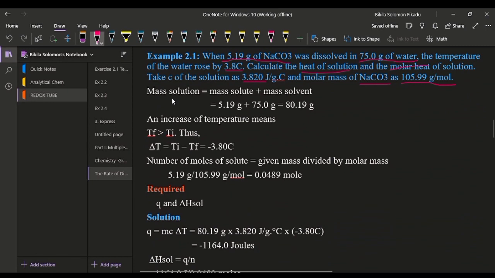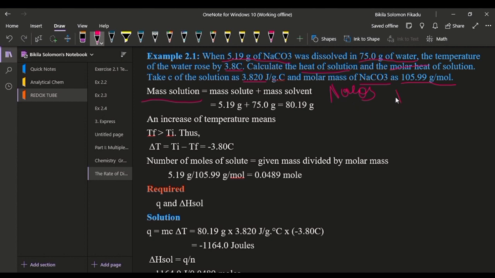So mass of solution equal to mass solute plus mass solvent. So mass solution keenya dura arganna jechuudha. Mass solute keenya meeqadha? 5.1 gram. Our solute is what? Sodium carbonate jechuudha. Sodium carbonate maalidha sitti? Solute jechuudha.